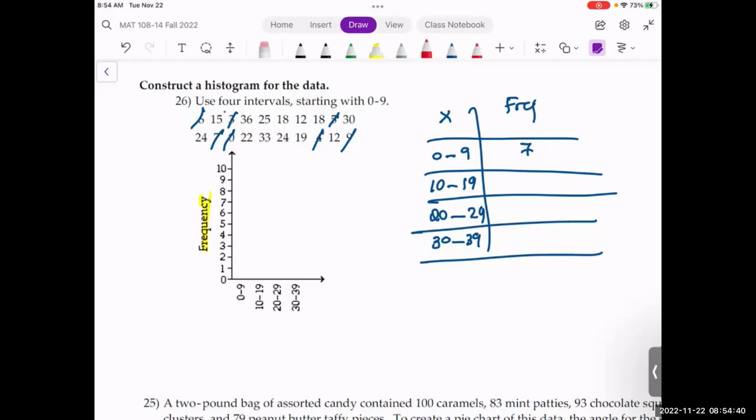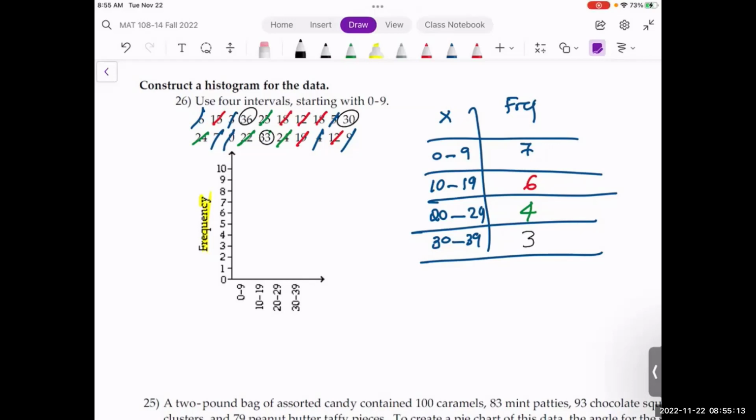This is 1, 2, 3, 4, 5, 6. So this is going to be a 6. And between 20 and 29: 1, 2, 3, 4. There are 4. And finally, between 30 and 39: this is 1, 2, 3.